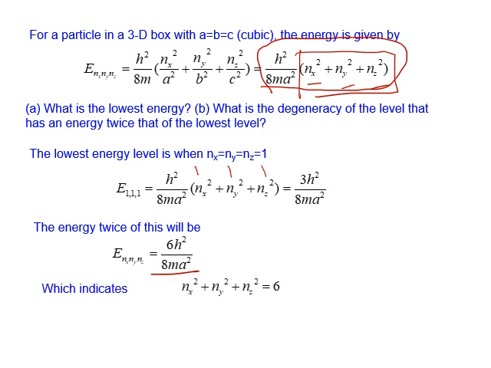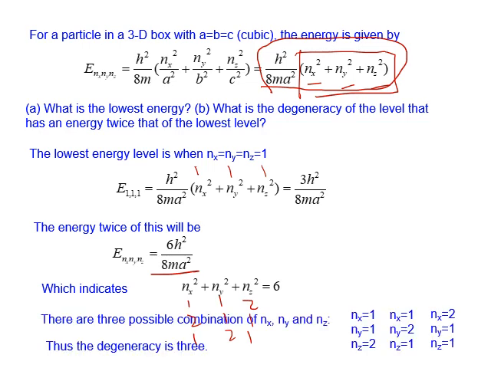So what's the possibility? 1, 1, 2; 2, 1, 1; 1, 2, 1. These are 3 possible combinations of nx, ny, and nz, and they give you 3 different states but with the same energy, because when they combine together, they give you 6, the same energy.